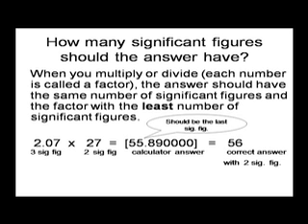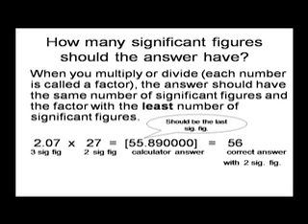So I'm going to take an example. Here's 2.07 times 27. I look carefully at this factor. It has 3 significant figures: the 2 and the 7 and the sandwich 0. This has 2 significant figures. When I multiply them together on my calculator, this is what I get, this huge number. Well, you should not record that as the answer because most of this is insignificant. The rule says that my answer should have 2 significant figures because this factor has only 2.